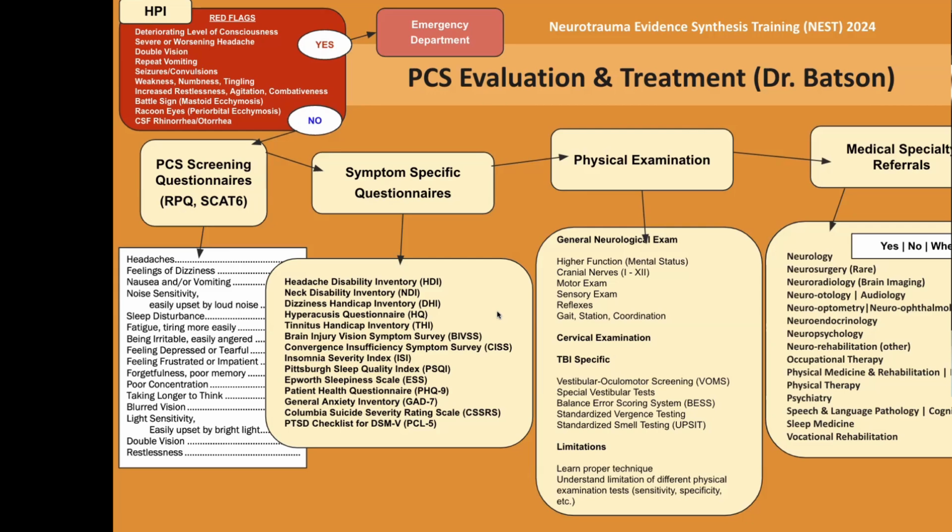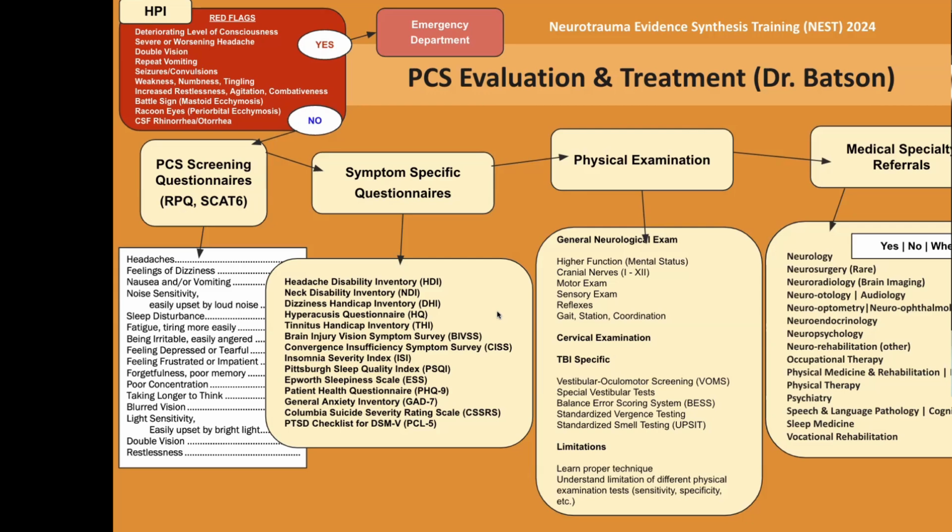Sometimes there can be an occult cerebrospinal fluid leak that's detected over time, and there's an imaging technique called CT cisternography that's used to detect that, and occasionally a neurosurgical repair might be necessary, but that's very, very rare.